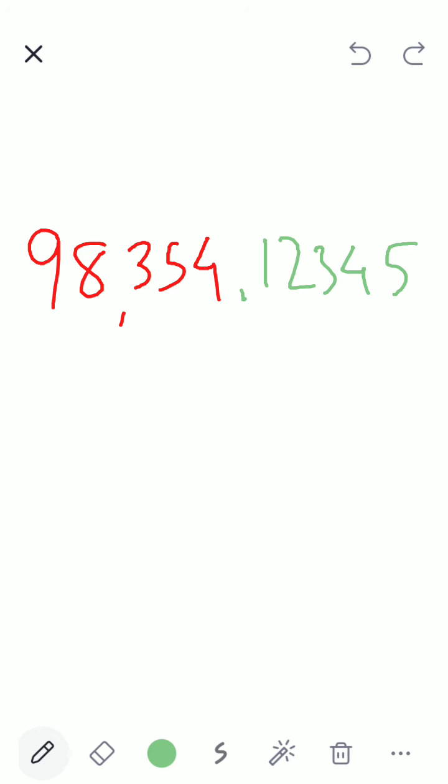So please tell me, children, one by one I will ask you all. Subhashri, tell me what is the place value of 1? 1 by 10. Very good.